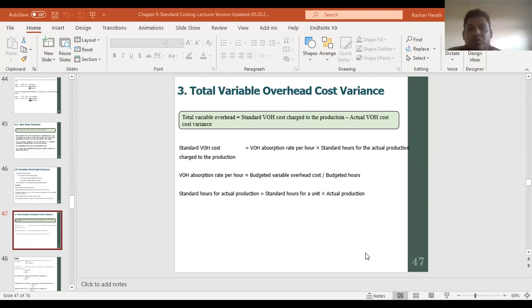And thereafter, we'll be moving on to the sales variances as well. It's about the sales price and the sales quantity related variances. And finally, we'll be looking at an operating statement where you may compare the budgeted profit with the actual profit. And that's how we move on today, right?